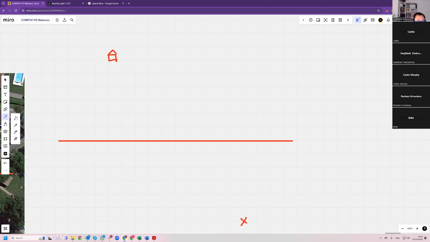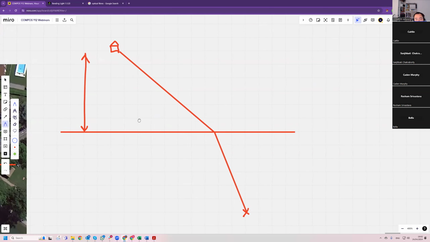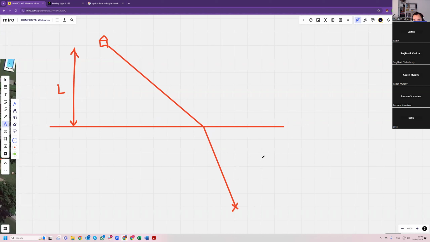So you want to run somewhere here, and then you want to go here. Let's say that this distance is L, and this distance we'll call L1, and this is L2.